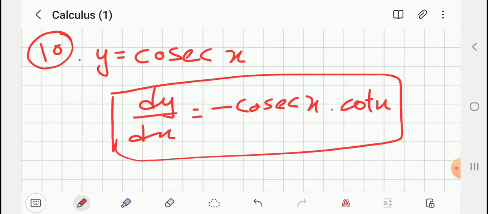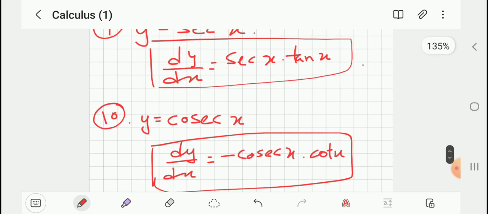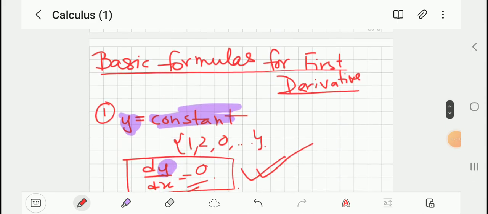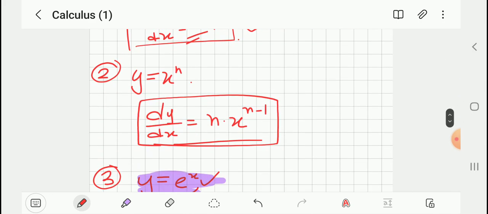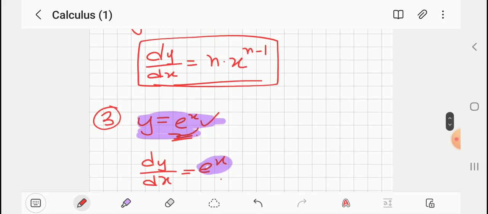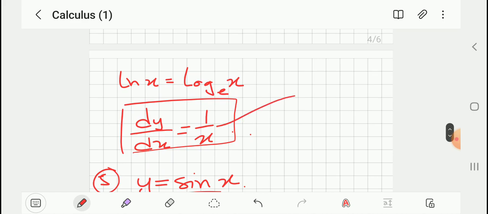Here I have given you 10 formulas. I'll show it from the beginning so that you can see all these things. When y is a constant, then dy by dx is 0. When y is equal to x to the power n, then dy by dx is n x to the power n minus 1. When e to the power x, it remains e to the power x. When y is equal to ln x, it's 1 by x.